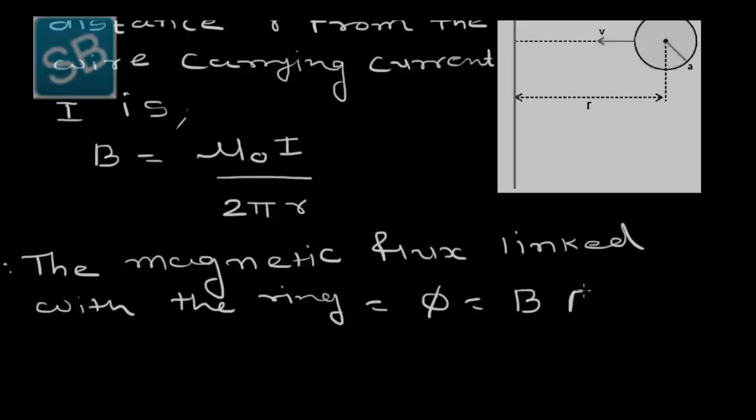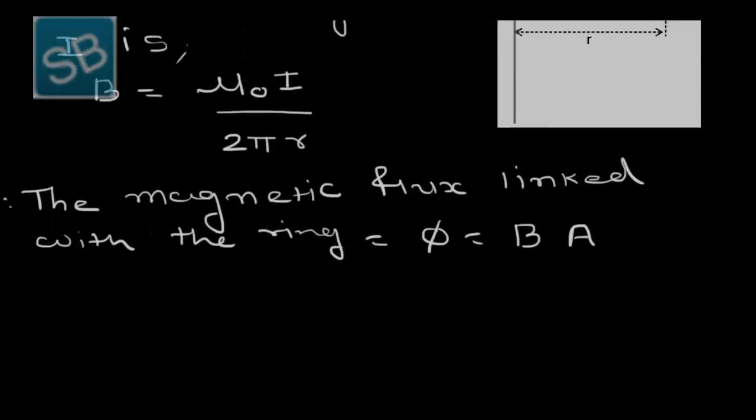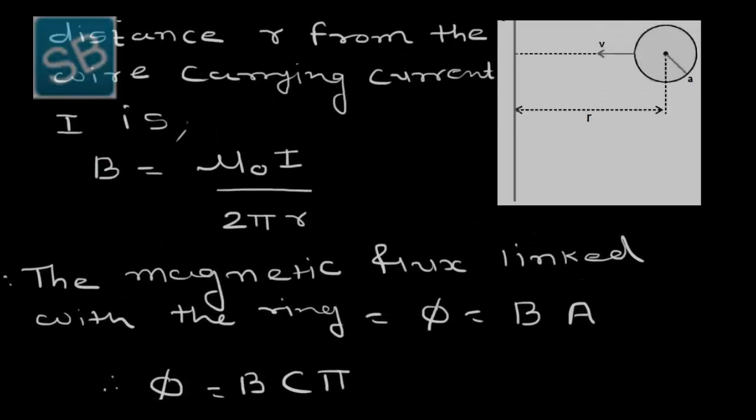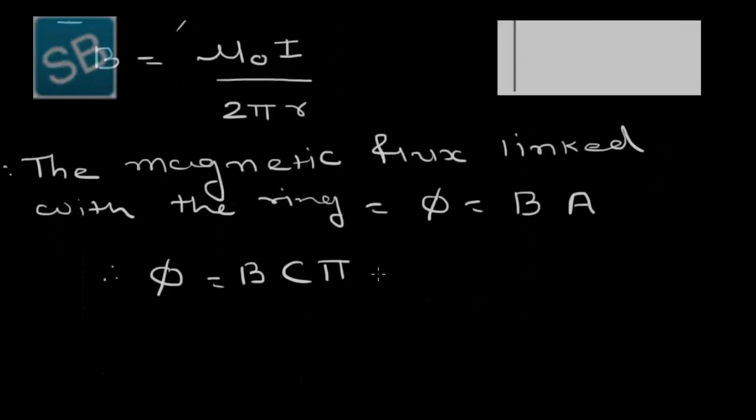Phi is equal to BA. Here A is the area of this ring and this ring is in circular shape. So the value of its area is pi r square. So phi is equal to B into pi r square. But here you see the radius of the ring is small a, and hence I am writing over here, instead of pi r square, pi a square.